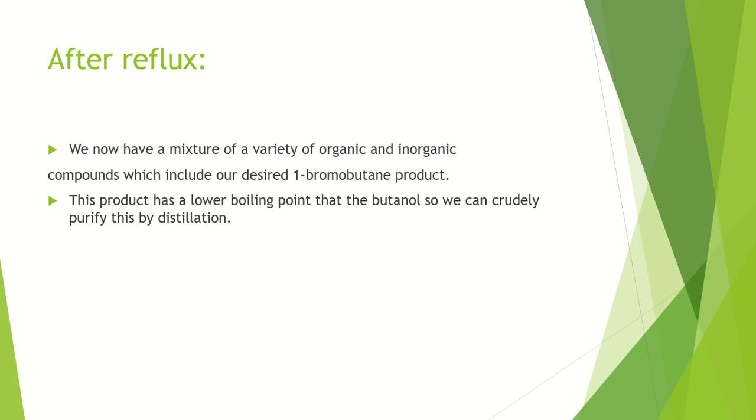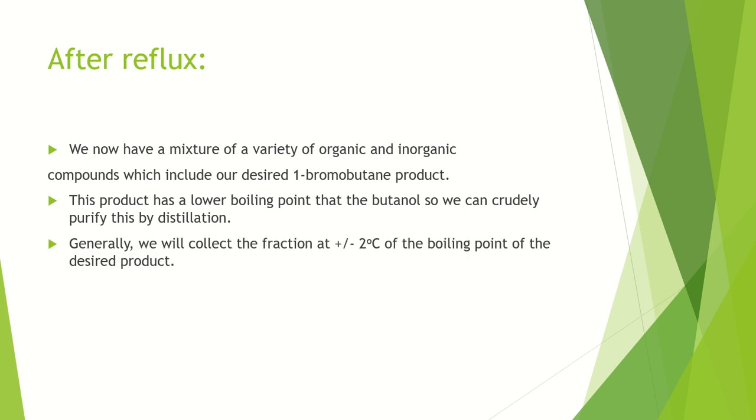And when you move from GCSE, you think that distillation is this holy grail of purification. It isn't really. It does give us a purer product, but there's still lots of undesired waste materials and impurities in there that we still have to get rid of. And we'll work through that process over the next few slides.